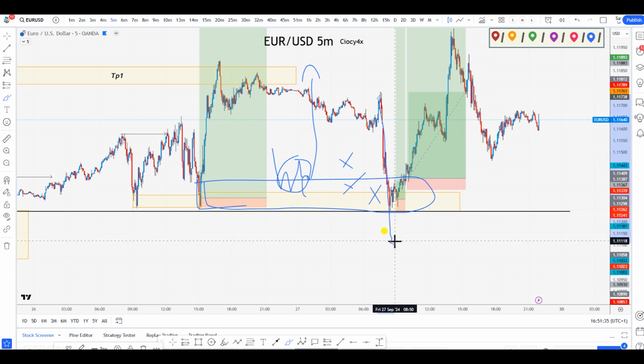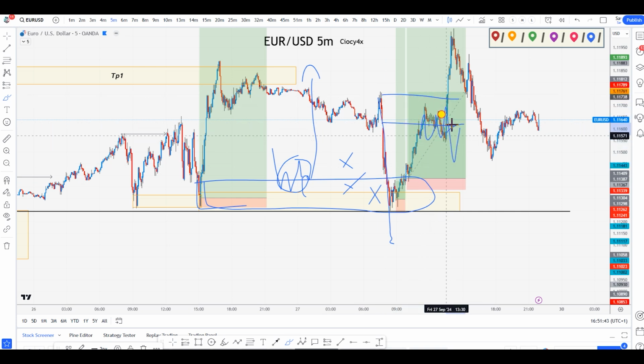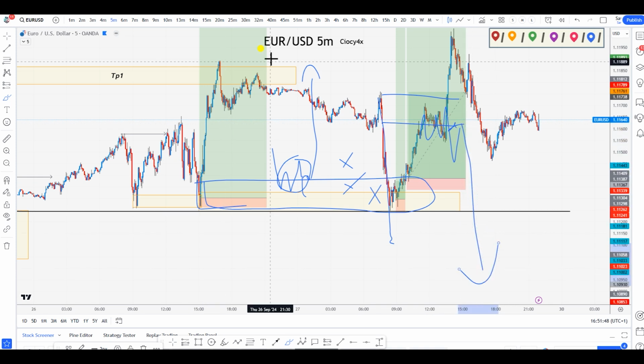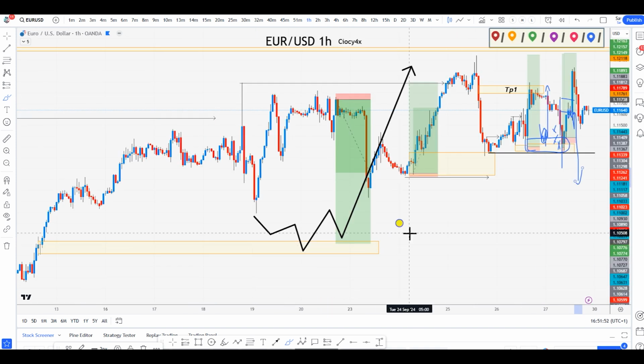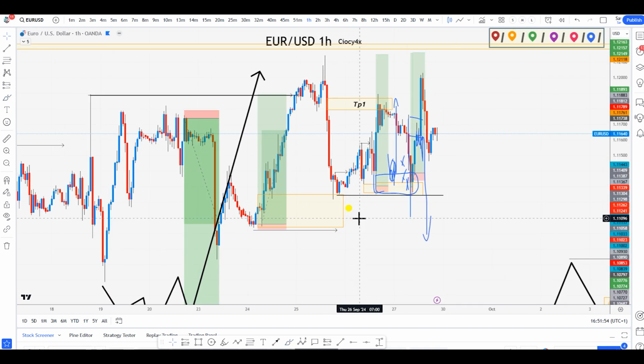What do you guys think I would have done? I would have waited simply for a nice sell from here, right? Bum, taking the trade and riding it all the way down here for a nice, at least I'm saying 1 to 10 risk to reward. And ladies and gentlemen, that's exactly how you catch your high risk to reward trades.